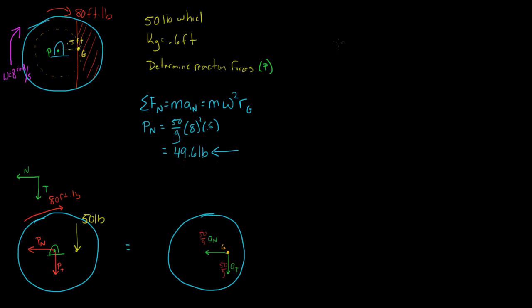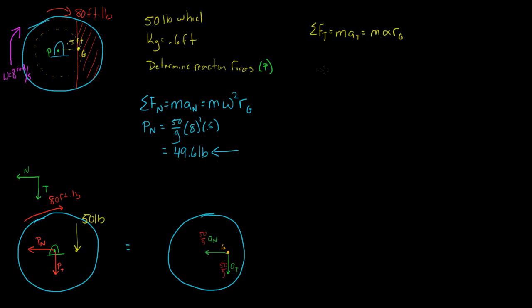If I do this, again, I'm going to substitute in another expression for my tangential acceleration. This is going to be equal to mass times my angular acceleration times the distance to my center of mass.